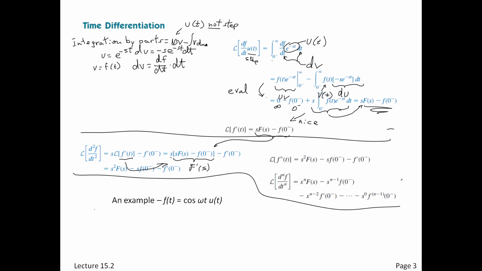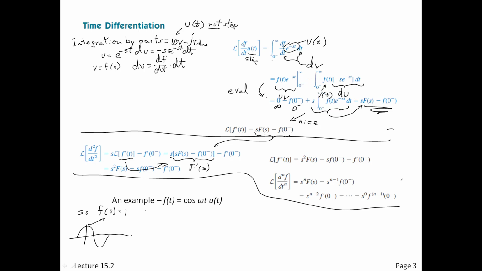We need to say, the f of 0, the cosine, if we think about the cosine, what is the function at 0? We've got a look-see at the function, and it's like this. So this point is that, so that's 1.